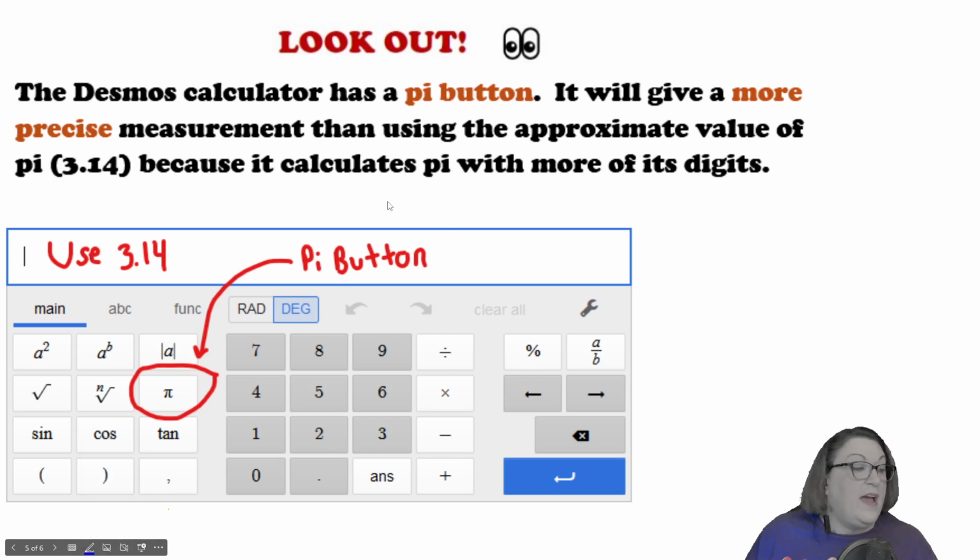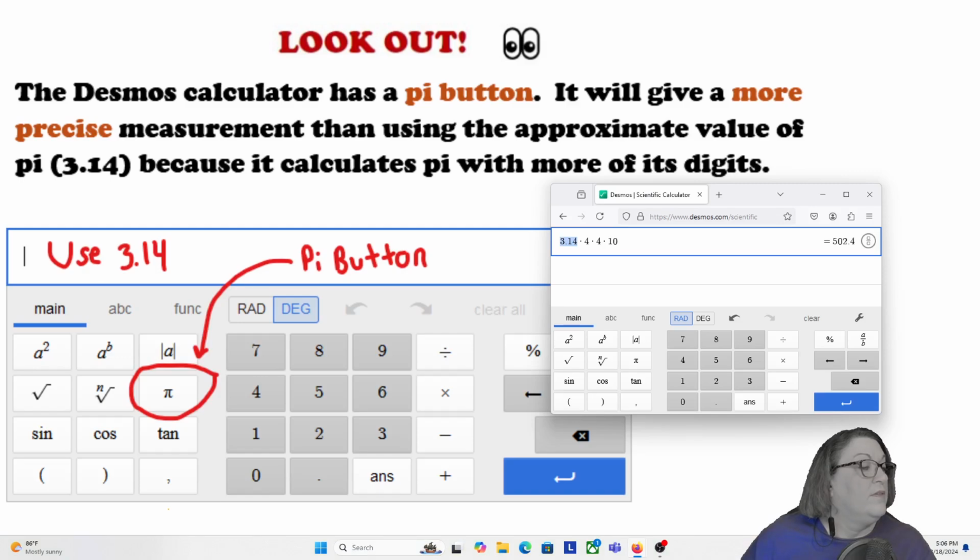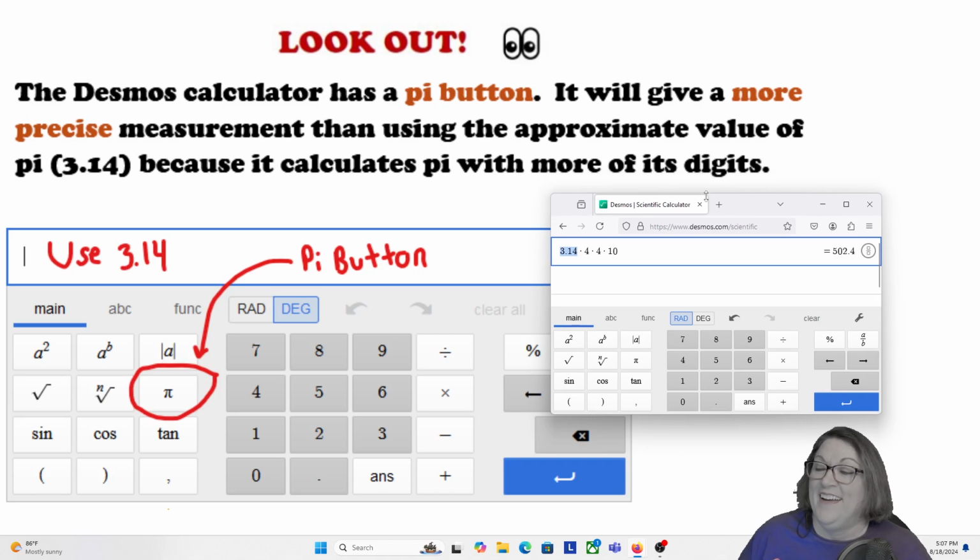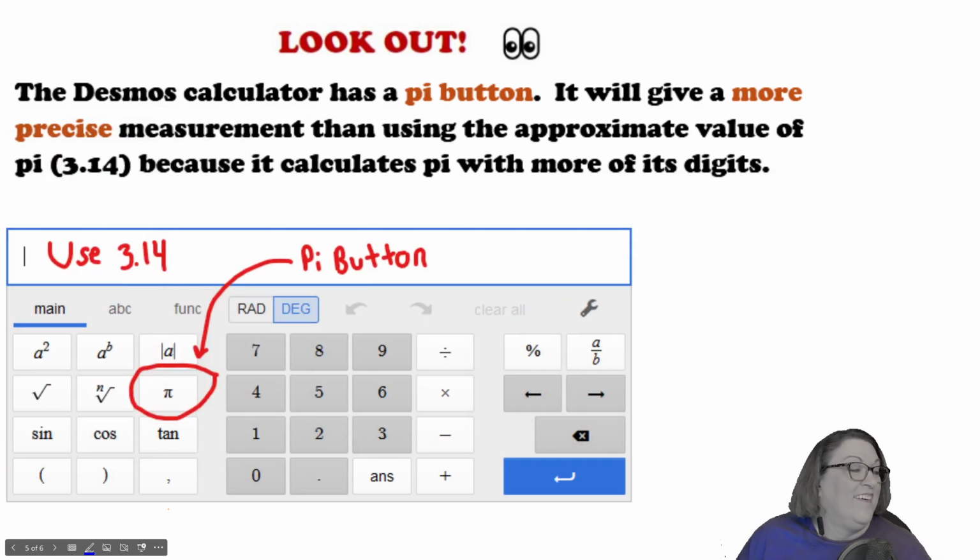Okay, so that answer was 500 and, oops, I erased that one. There it is. My goodness, it's pulling up the same one every time. Oh, it's right in front of me. 502.4. All right.